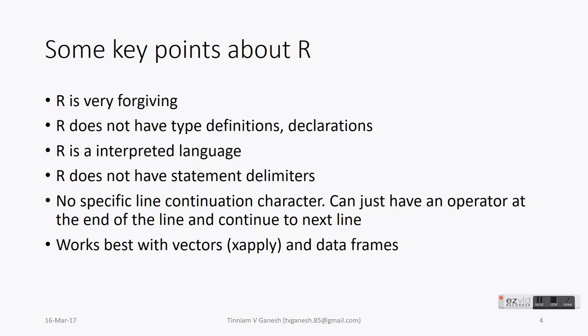R does not have a statement delimiter, so you do not need all the semicolons at the end of the line. You can start anywhere and you can continue on to the next line. Typically, there's no line continuation character either, and as long as you have an operator at the end of the line, you can continue on to the next line. And it works best with vectors. So typically, you tend to use sapply, tapply, and lapply for best performance.